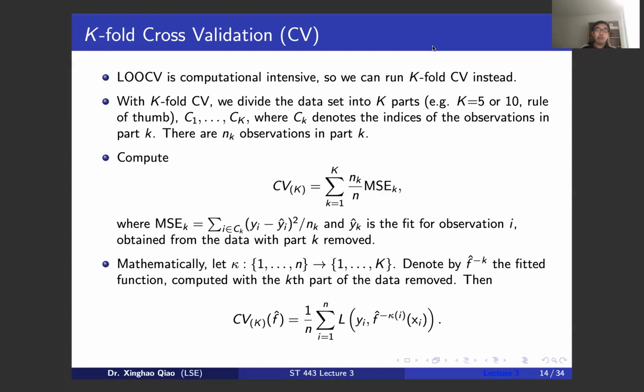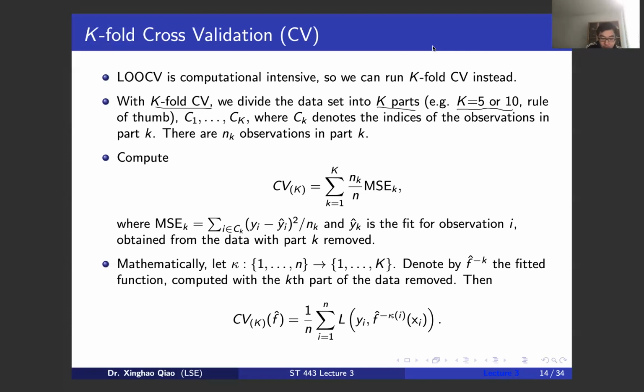So we need to develop an approach which takes the advantages of both the validation set approach and the leave-one-out cross-validation. Therefore, we introduce the k-fold cross-validation here. With the k-fold cross-validation, we divide the data into k parts. For example, k can be selected as 5 or 10, by the rule of thumb, because 5 or 10 always gives us a very nice result in terms of sample performance.